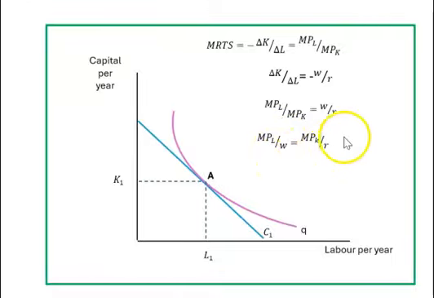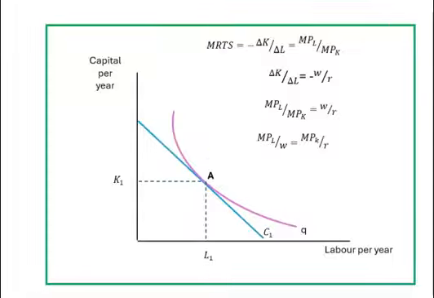And marginal product of capital over the rental rate is the additional output that results from spending an additional dollar on capital. This is what is called the least cost rule, where a firm achieves the most output per dollar spent on inputs.